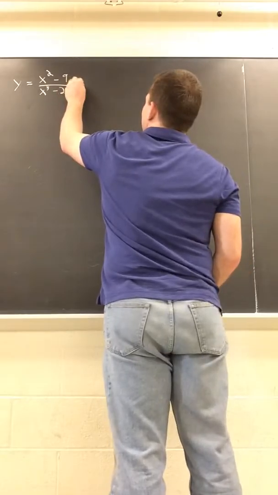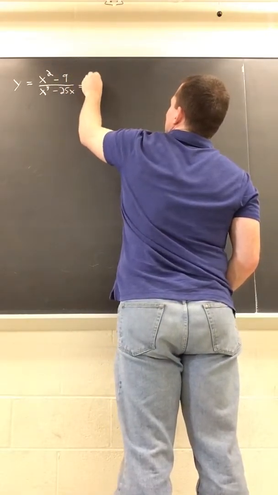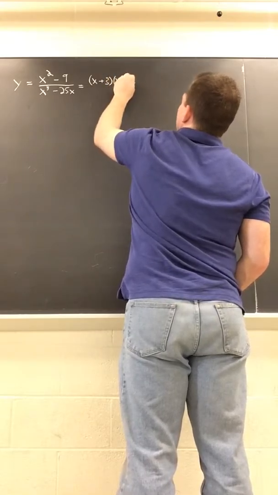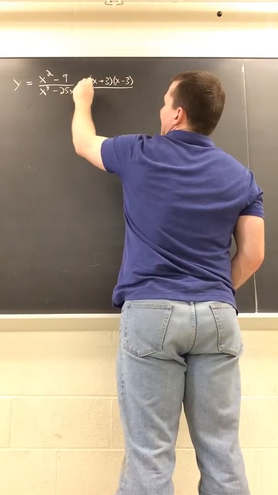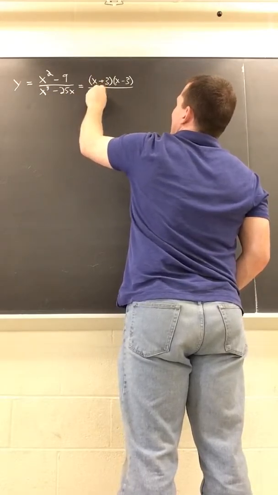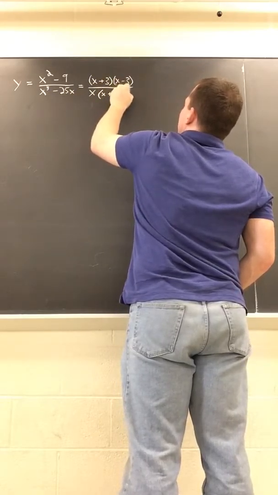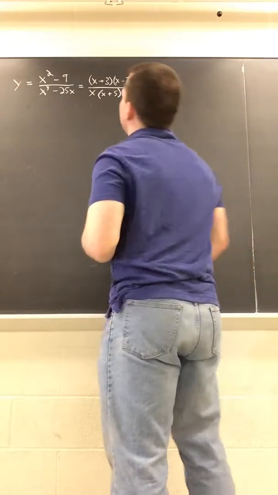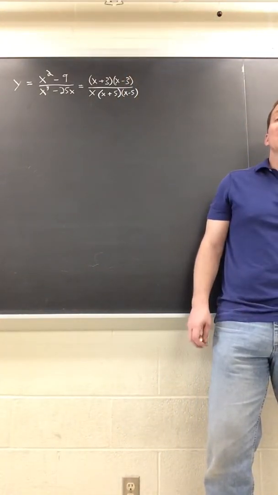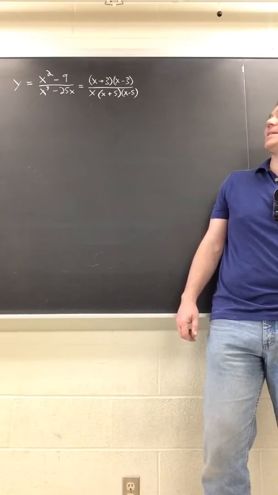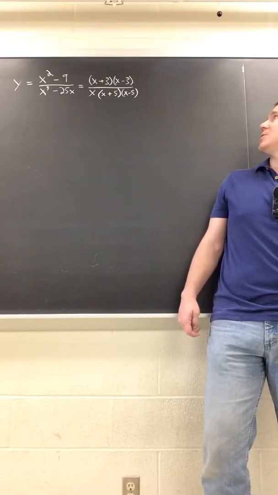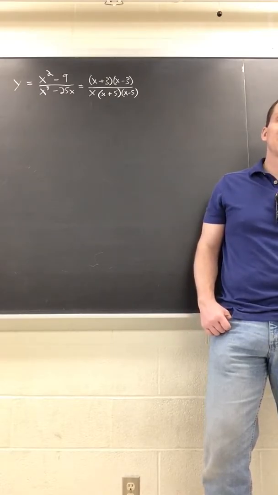The top is the difference of squares, that's x plus 3 times x minus 3. The bottom, there's a common x that can factor out, and then I have x squared minus 25, which is x plus 5, x minus 5. Now I have it all factored out. Now I look for common factors on top and bottom that can cancel out. In this case, there's nothing that cancels out, so it's already in lowest terms.